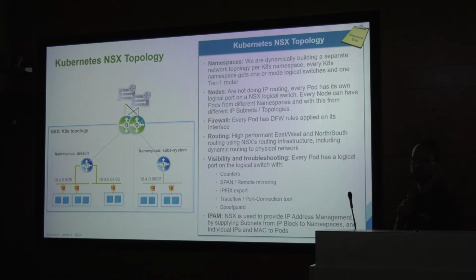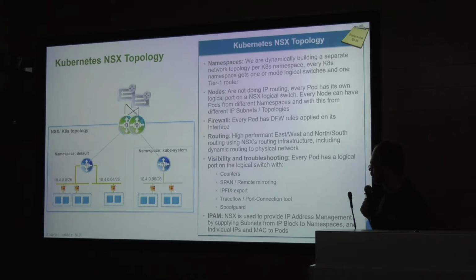So here you can see a two-tier hierarchy of routing: a tier 0 router and a tier 1 router. This is the provider router, and this is the tenant namespace-specific router. The idea is that for each namespace which we create, we allocate a dedicated tenant router and a dedicated logical space.